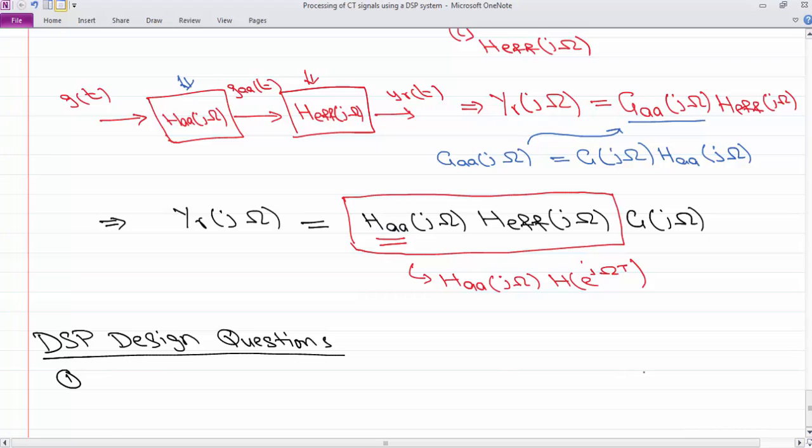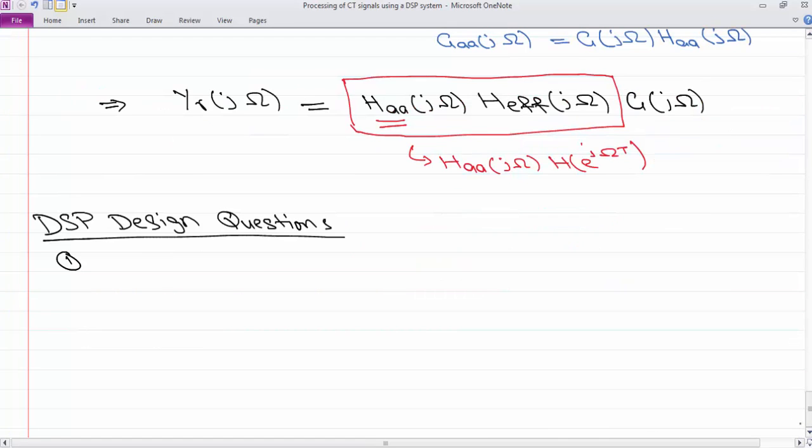The first question is: is the input to the system band limited or not? That can also be asked in terms of, do we need an anti-aliasing filter? And you are fully equipped to answer that question depending upon your application.